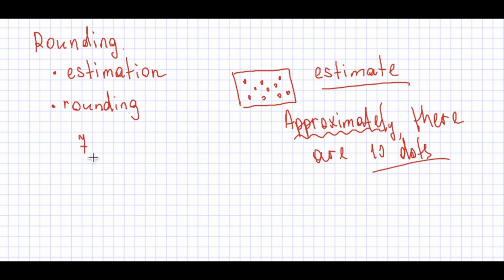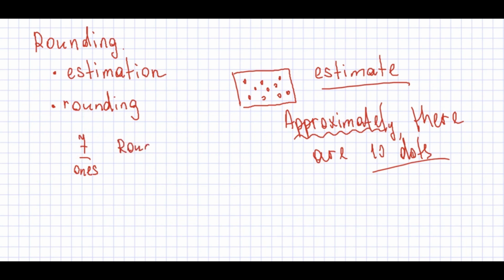We want to round 7. How can we round 7? 7 is ones itself. It is a one-digit number. It is ones place. And if we have ones place, we cannot round it to the nearest ones. We can round it to the nearest tens.